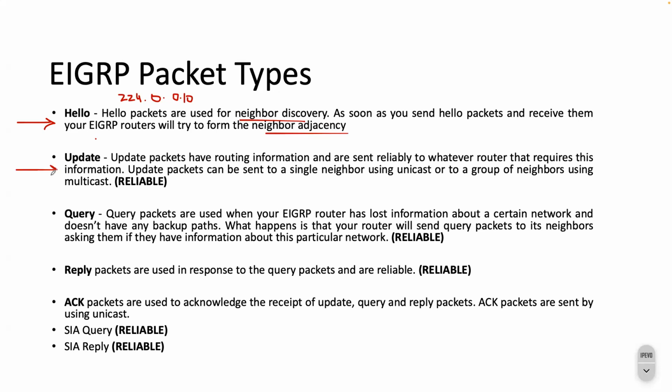Update packets. Once I have formed my neighborship, I'll send the update packets to exchange the routing information with my neighbors. They are sent reliably, which means you will get an acknowledgement also. Please remember only hello and acknowledgement packets are not reliable.